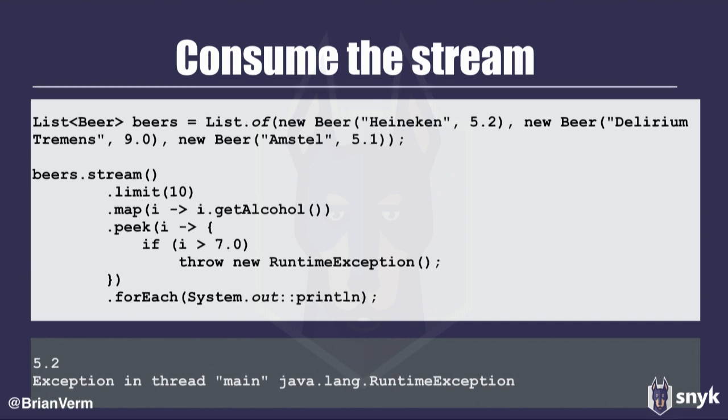But if you consume the stream with, for instance, a forEach, that kicks off the stream and makes it actually useful, then you will end up with that side effect. And that's the problem with it. Peek can handle a side effect inside the stream API. You can do this, but please don't.